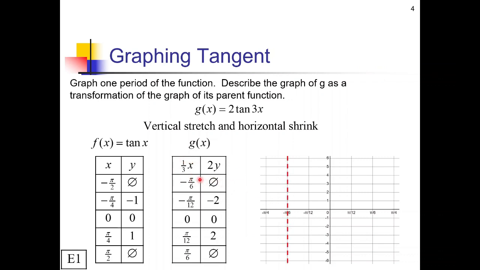Then we have the point negative pi over 12, negative 2 right here. 0, 0, pretty easy there. Pi over 12, comma 2. And then finally another vertical asymptote on pi over 6. And then you've seen what the parent function looks like, so just do one of these sorts of curves here where you're approaching the asymptotes on the left and the right, and we're going through these 3 points.